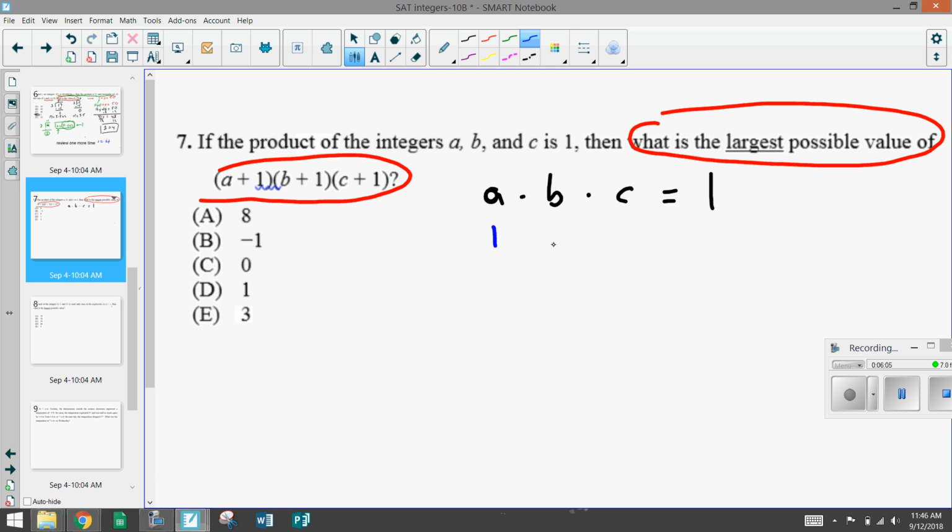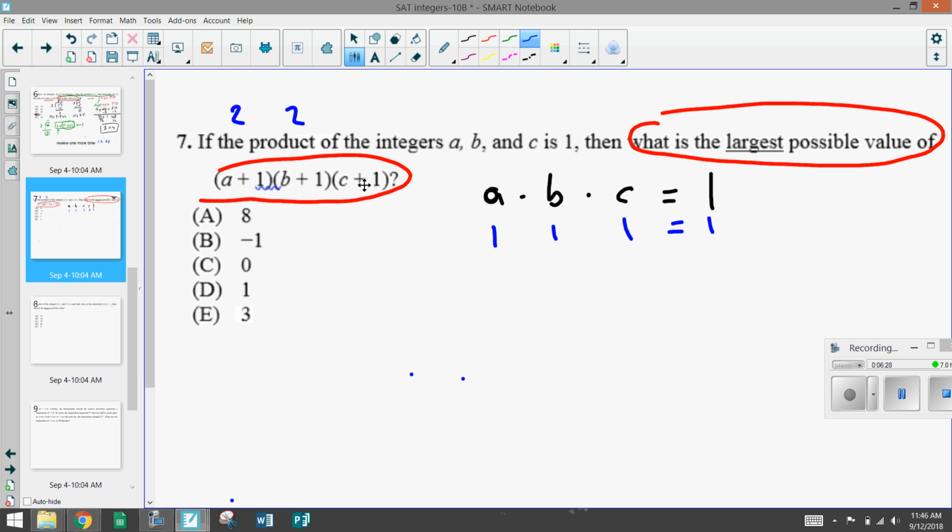Okay, let's try that. Good job. 1 times 1 times 1 is equal to 1. Okay, what is the next step? Question is here. What is the result? You know a, you know b, and you know c. A is 1. 1 plus 1? 2. B is 1. 1 plus 1?